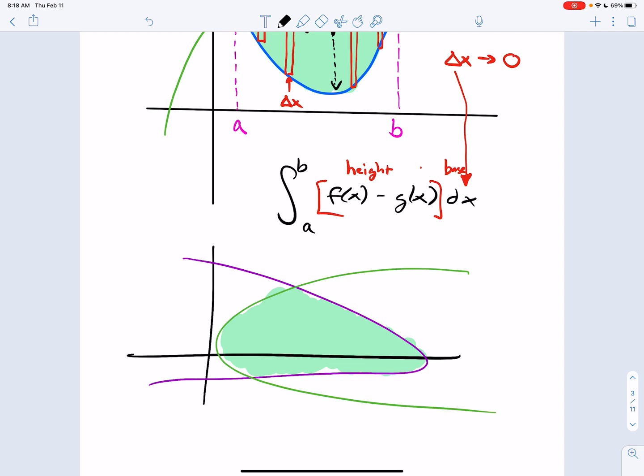Here's the issue. If I stand right here and walk upwards, it's green. But if I stand right here and walk upwards, it's purple. So which one is it? Notice there is no clear top and bottom.